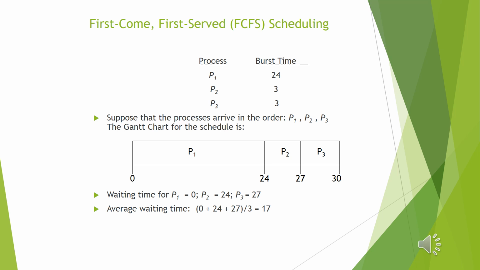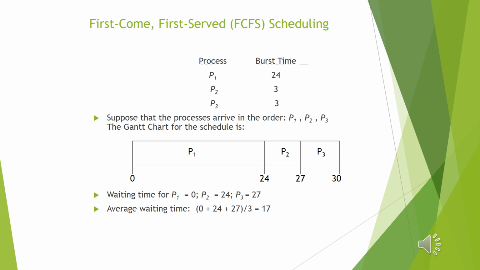Then, immediately process 2 finishes, process 3 will enter, starting at 27. It also has an execution time of 3. It wasted 27 milliseconds waiting for process 1 and process 2 to be executed, and it also enters with 3 of execution. Therefore, it will finish at 30.